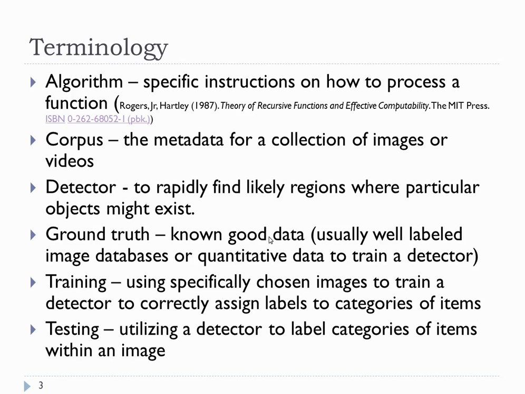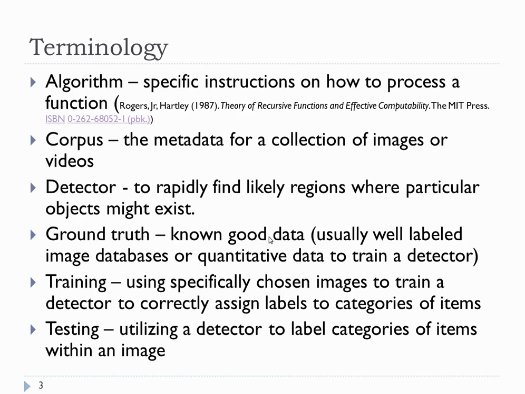Those last two points are kind of hand in glove, if you will. Training is exactly what it sounds like. You're training your detector to tell it this is a face, this is a hand, this is a glove, etc. You want it to say, okay, I understand that the label or category associated with that object or feature is this.